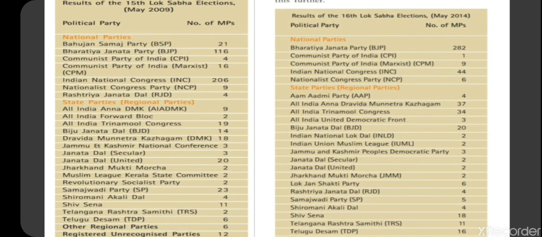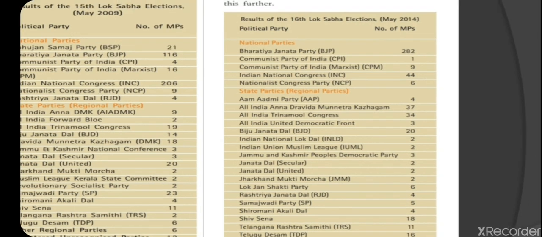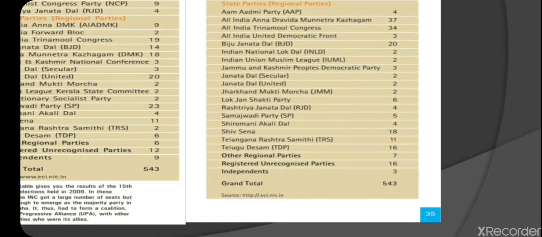After 206, the second highest is 116, won by Bharatiya Janata Party. So BJP becomes the opposition party, and Indian National Congress with some other political parties will form the coalition government.